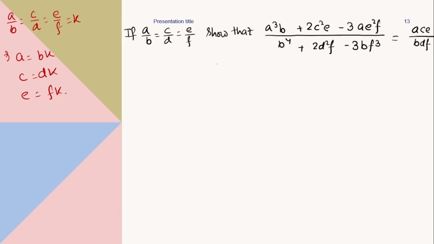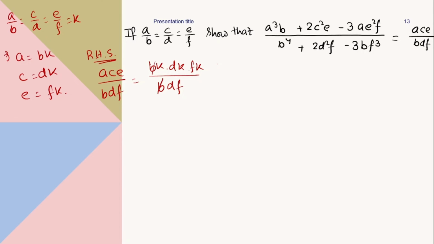So in the RHS part, I can see ACE by BDF. I can write A as BK, C as DK, and E as FK, over BDF.